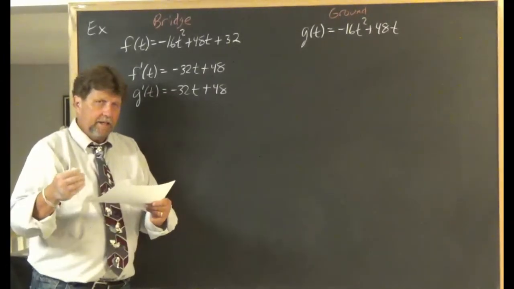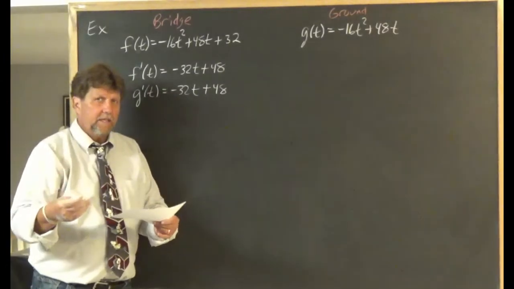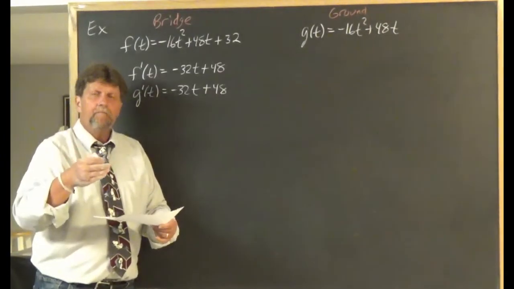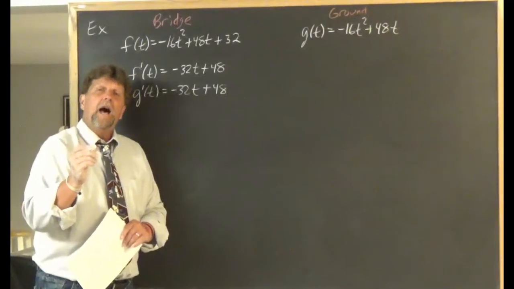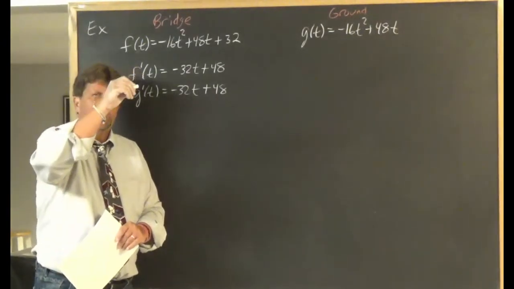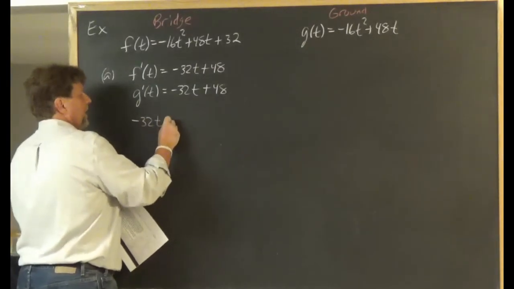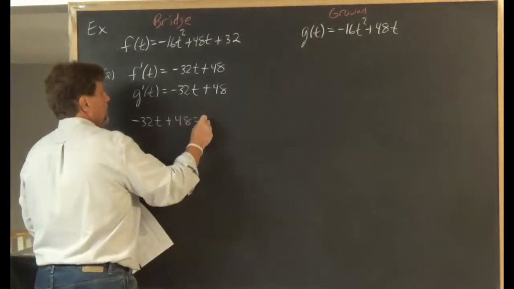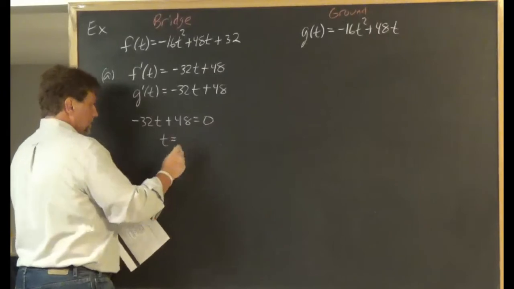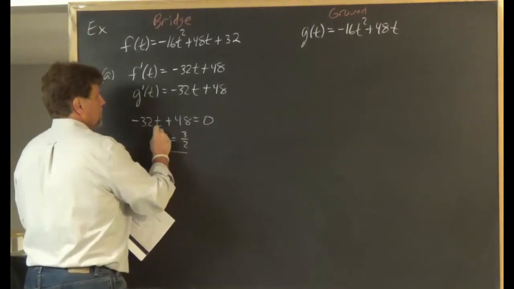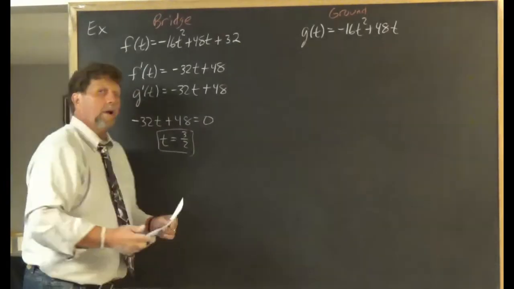We can see that we have the same velocity functions, so it will reach its high point at the same time. So now remember, at the high point velocity is 0. So I take the velocity, set it equal to 0, solve for t, and I end up getting t as 3/2 or 1.5.